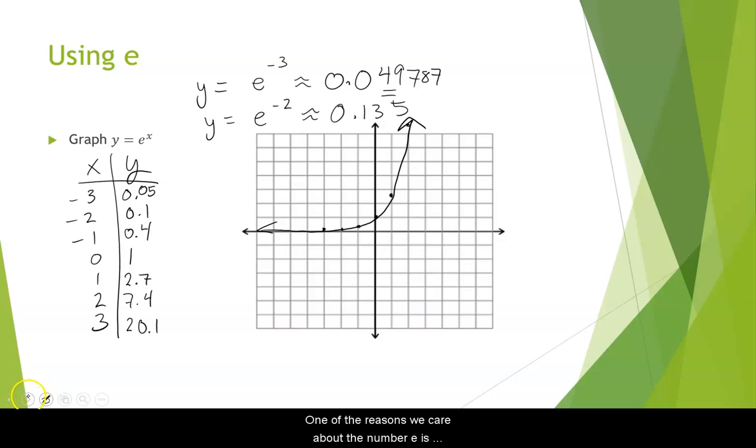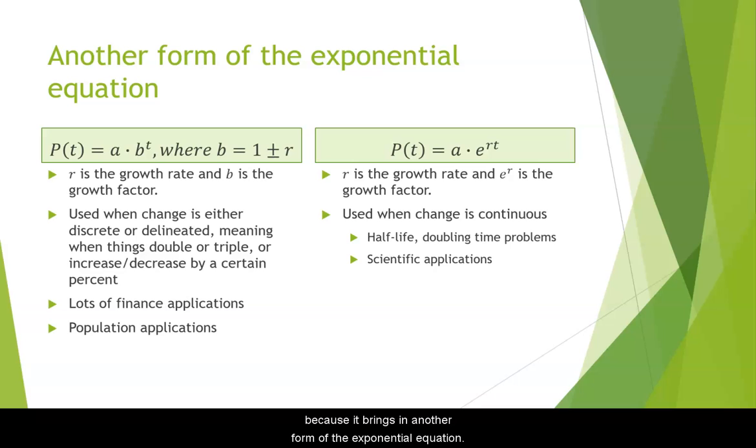One of the reasons we care about the number e is because it brings in another form of the exponential equation. The one that we talked about earlier is this one right here. P of t equals some number, so an initial value, times b to the t power, and b can sometimes be thought of as 1 plus or minus r, where r is the growth rate, b is the growth factor. And we use this first equation when the change is either discrete or delineated.